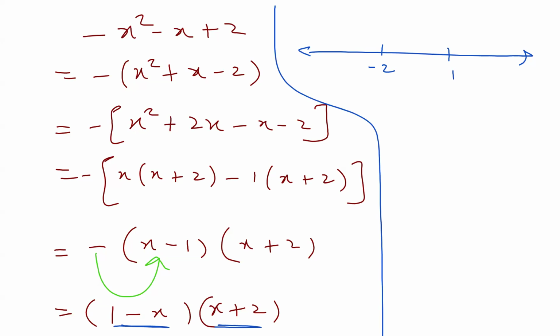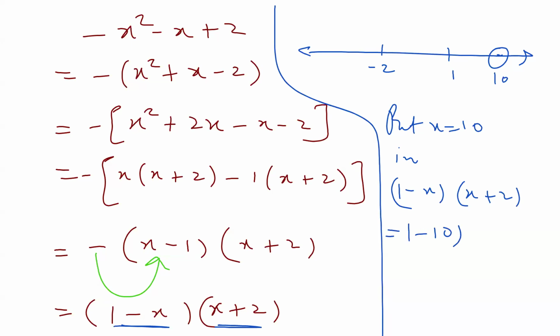Now take any value in any one of the regions. I'll take 10. So put x equal to 10 in 1 minus x and x plus 2. So 1 minus 10, 10 plus 2, minus 9 into 12. So this is a negative value.